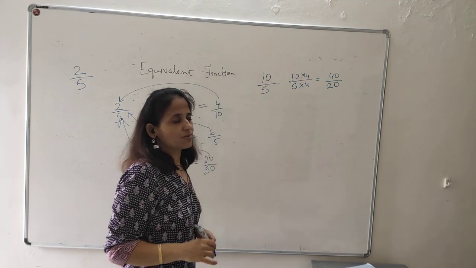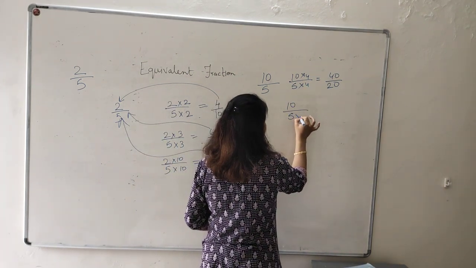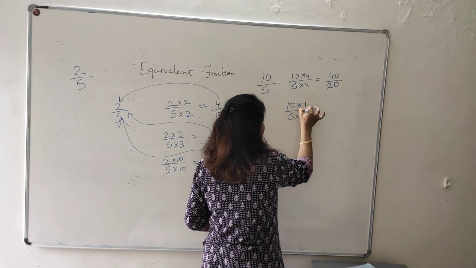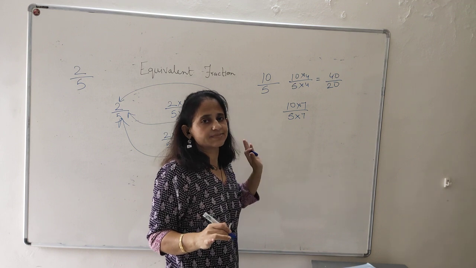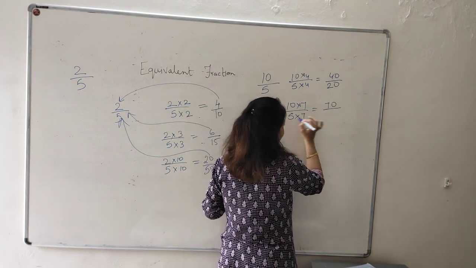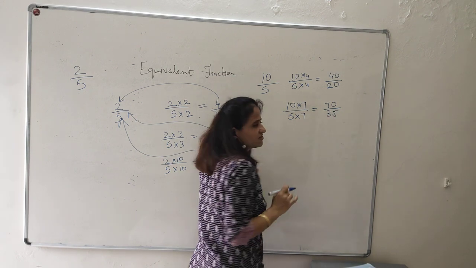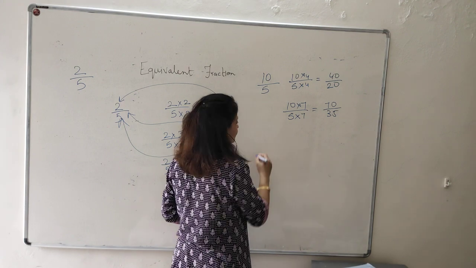So it is an equivalent fraction. If I multiply 10 upon 5 with 7, whatever I multiply the numerator with, the same number has to be multiplied with the denominator. So I'll get 10 sevens are 70, 5 sevens are 35. This is also an equivalent fraction. This was with the help of multiplication.